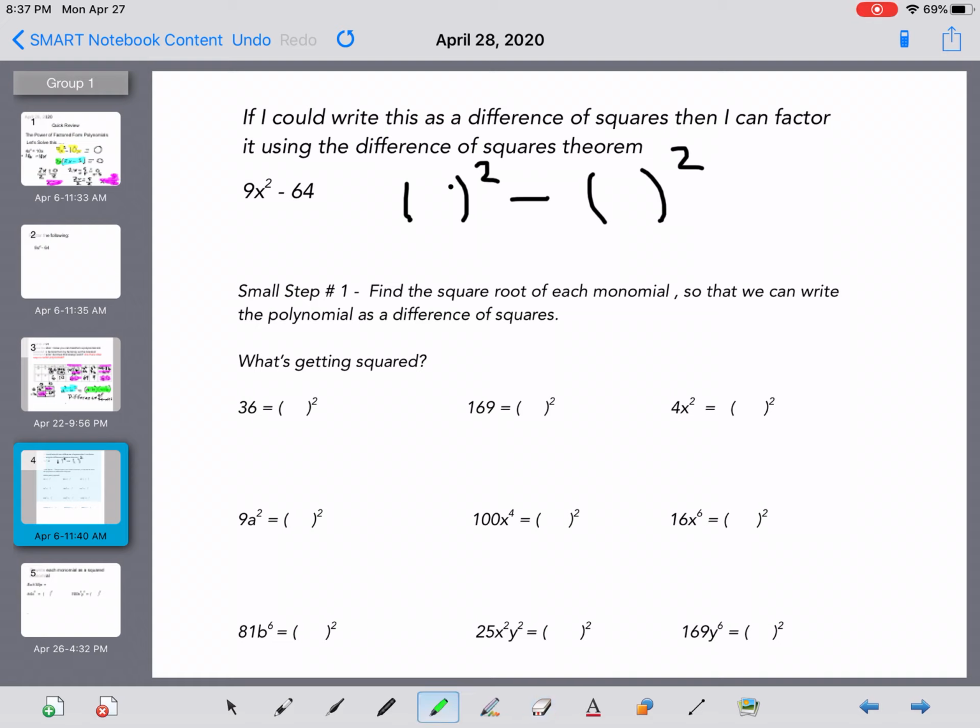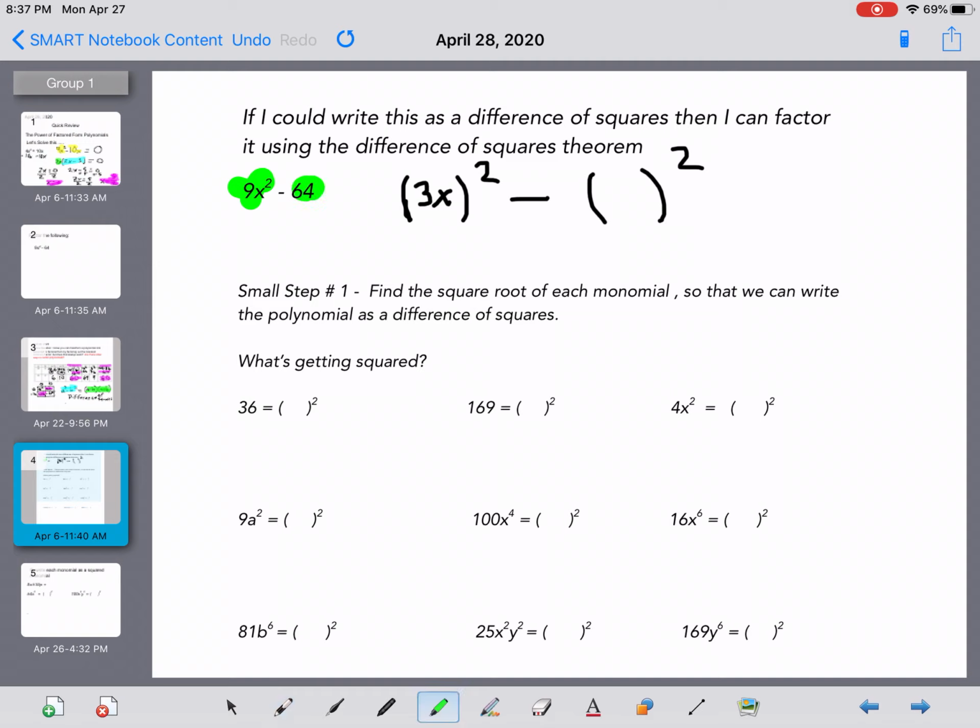So this is what I want to do. Take a look at 9x squared. Can I write that as a square number? So what number or what term times itself will give you 9x squared? Well, it turns out it is 3x. Because think about that. 3x times 3x is 9x squared.